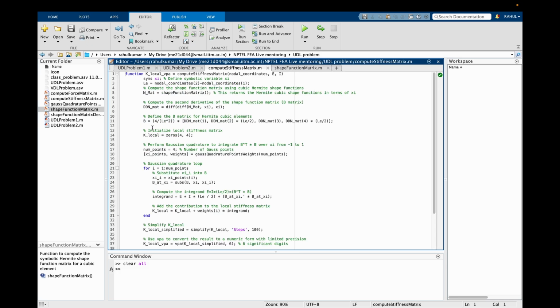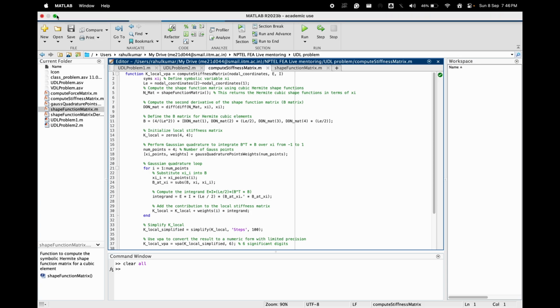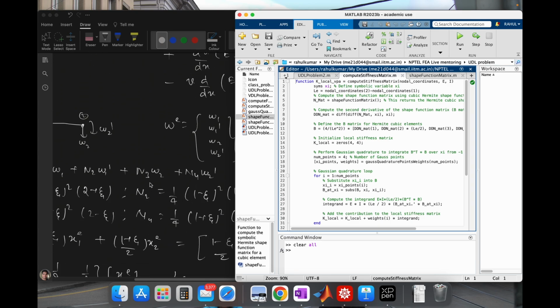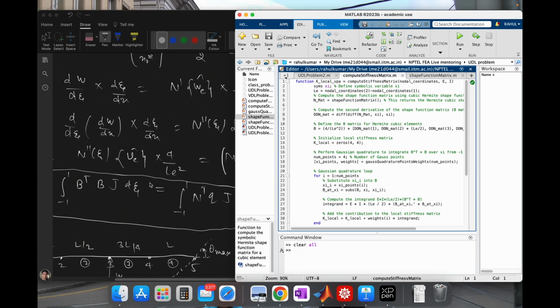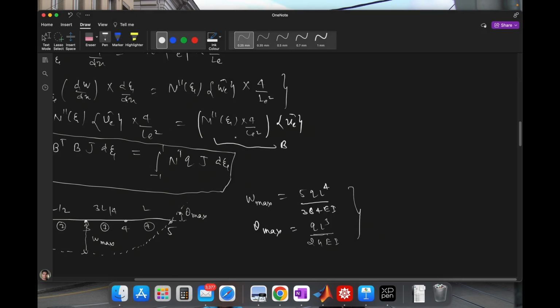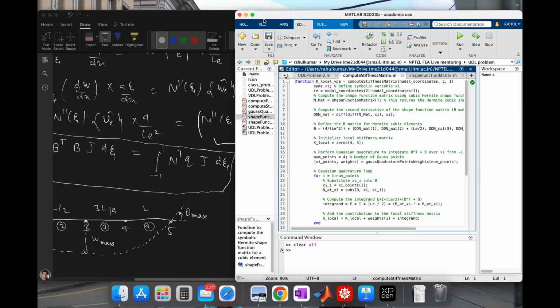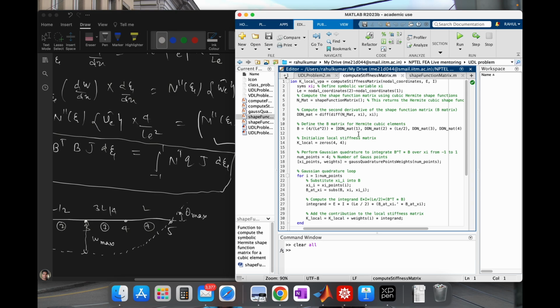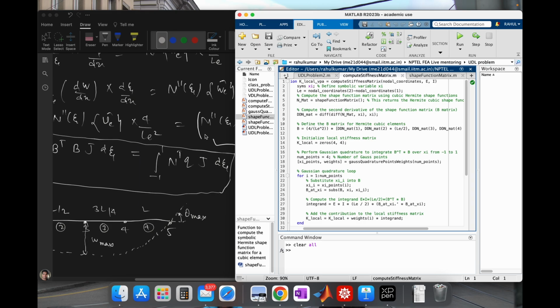And this is the B, and we already saw what B is. B is n double dash, the double derivative of n, times 4 divided by le square. So it is 4 divided by le square, and it will differentiate nmat 2 times because we need the second derivative.